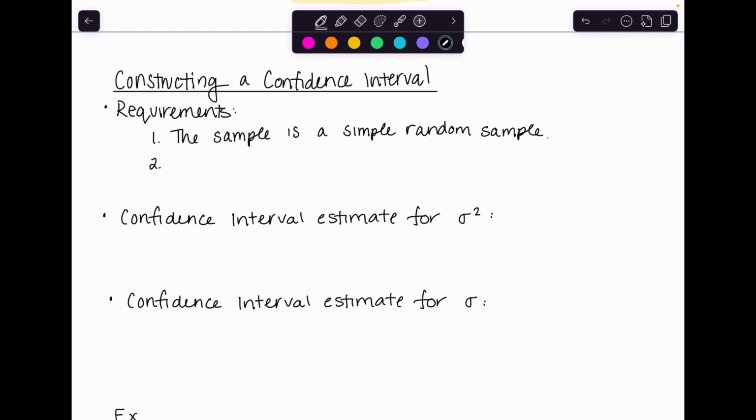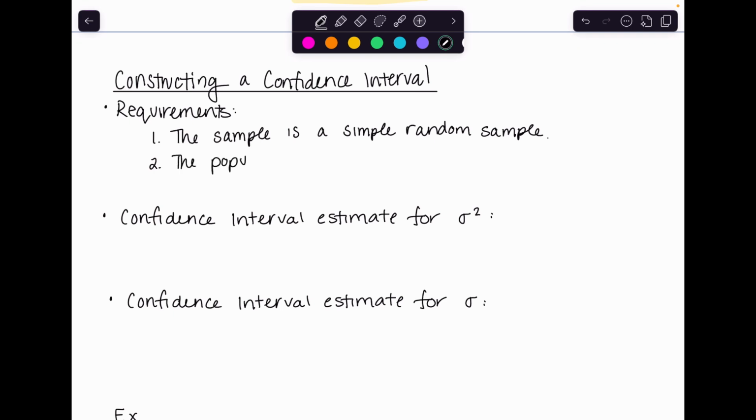The second, if you remember back to the other, you either needed to have normal distributed data values, or you needed your sample size to be big enough. Here we have a little bit stricter. Your starting population must have normally distributed values. So the sample size does not make a difference.